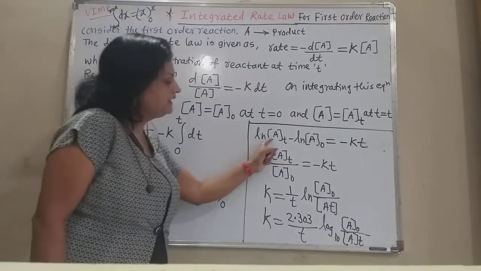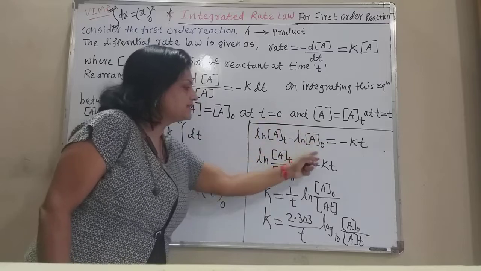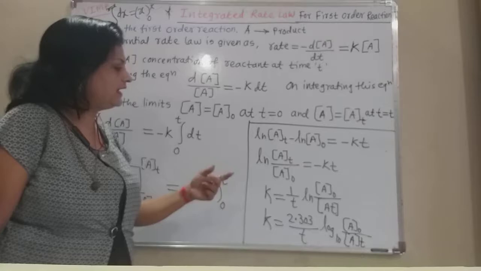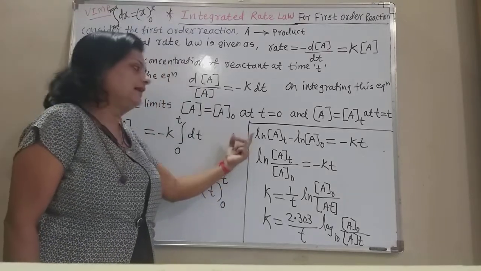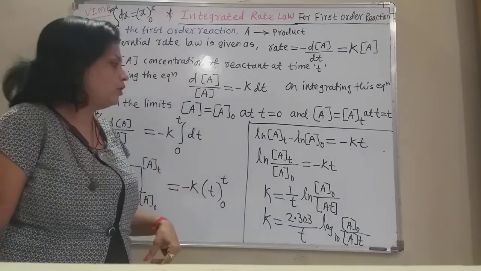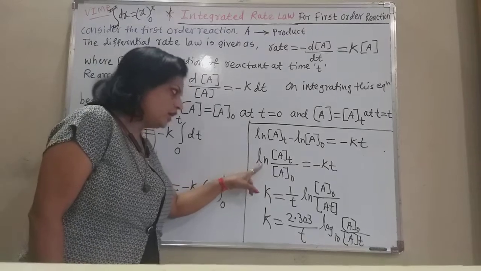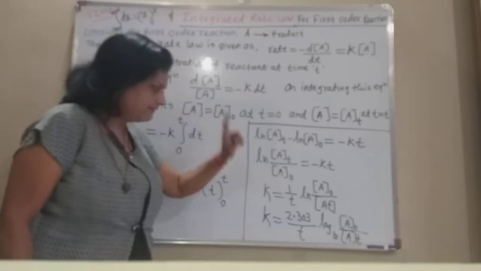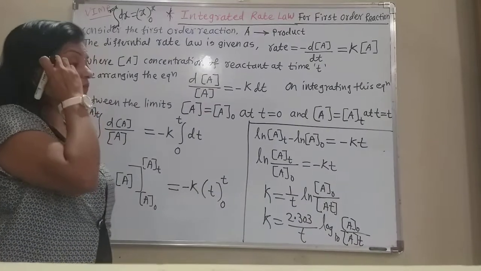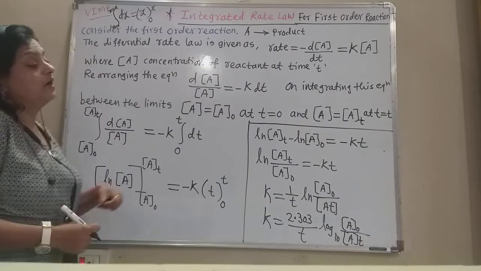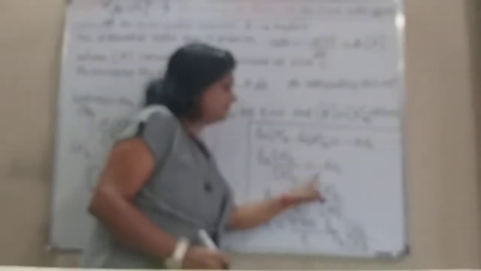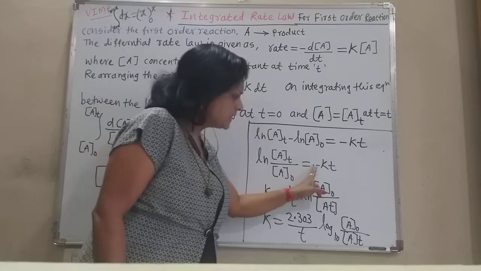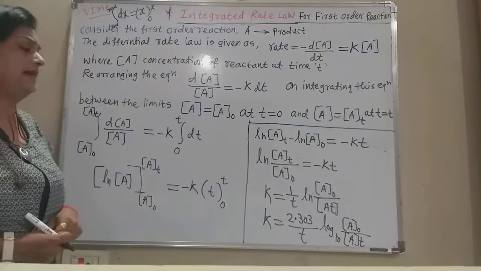So ln At minus ln A0 is written in this way. The subtraction and division are written in the language of logarithm in this way. This is the logarithm to the base e of the concentration of A at time t divided by A0, the concentration of A at time 0. And similarly here, as there is no logarithm sign ln, minus kt is written as it is.